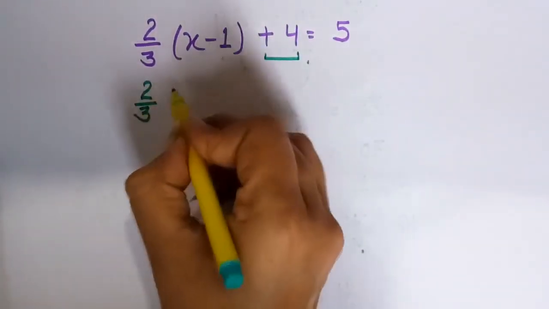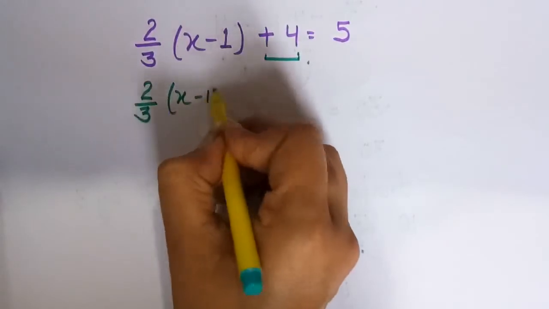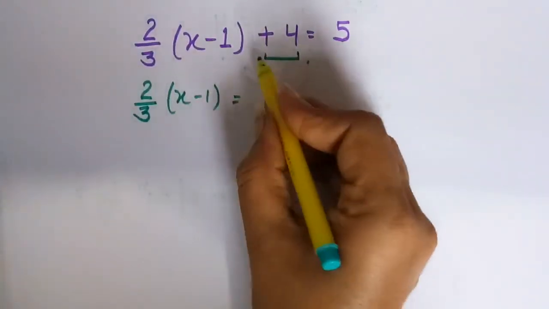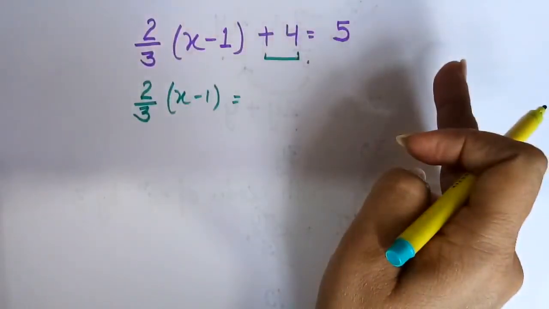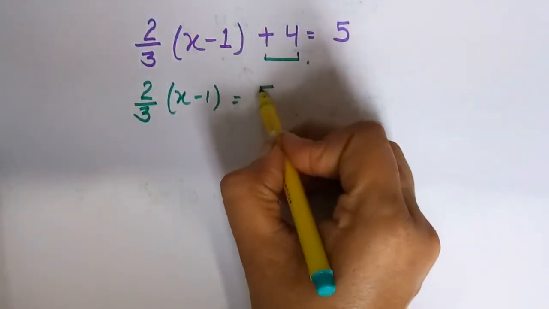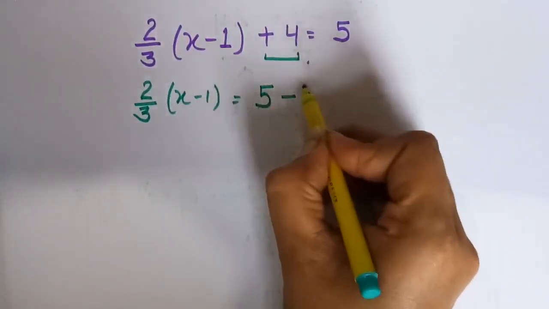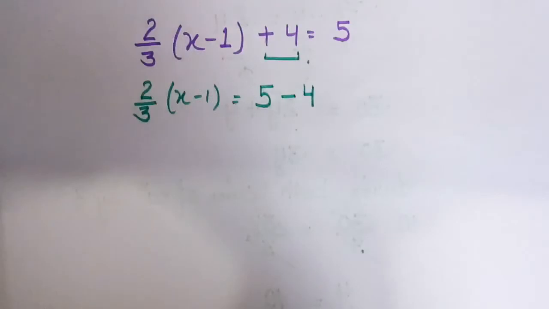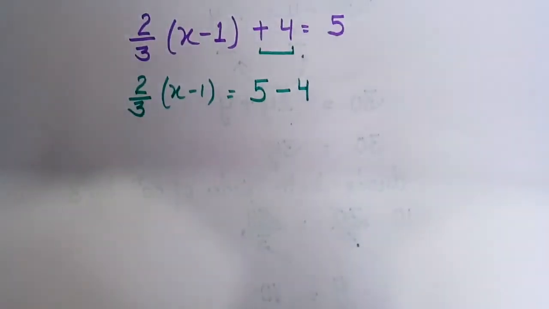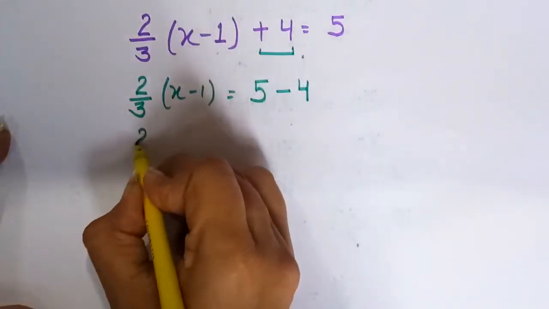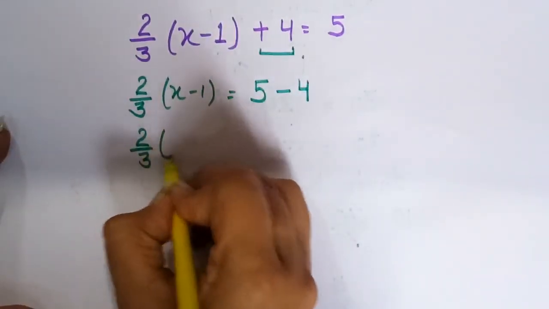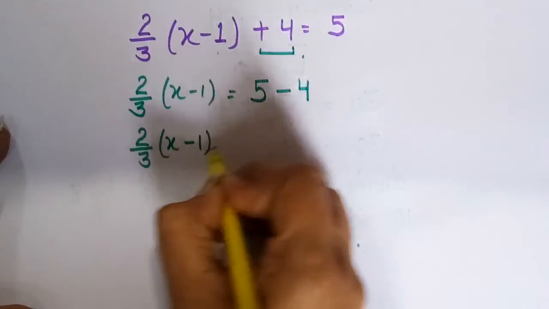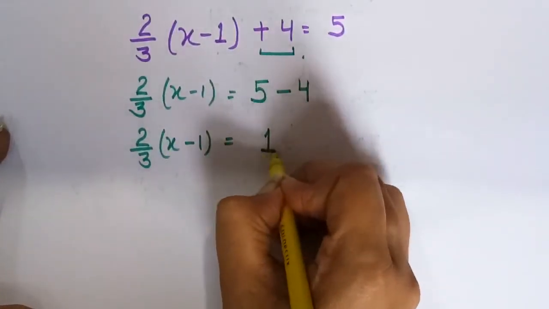So 2 upon 3 (x minus 1) remains same, and plus 4 is shifted to right hand side, that means plus sign changes into negative sign. So 5 minus 4 is equal to 1. So now 2 upon 3 (x minus 1) is equal to 1.